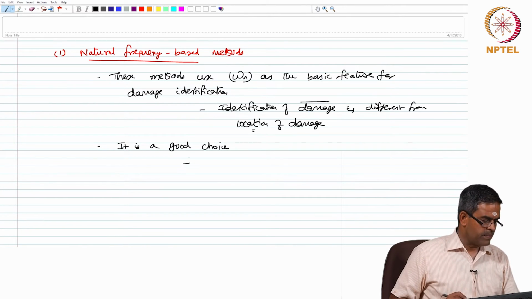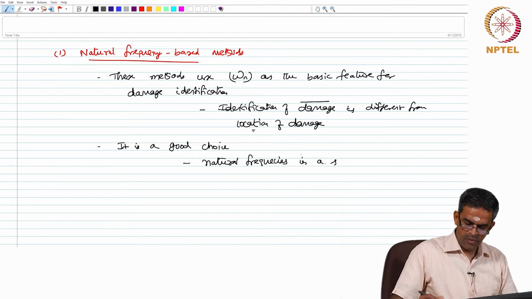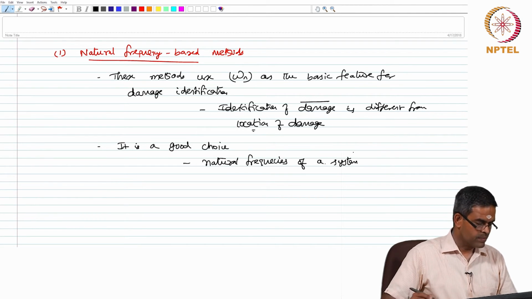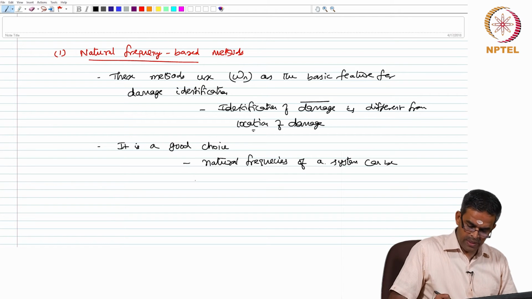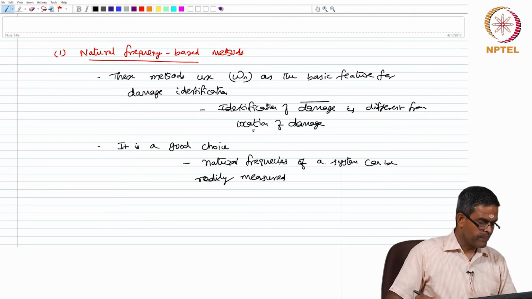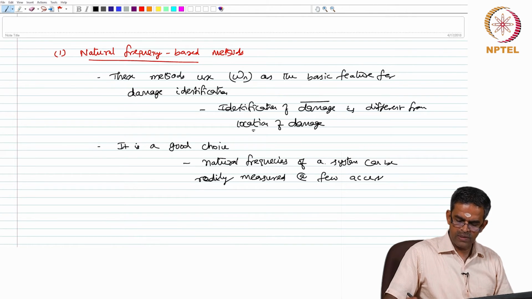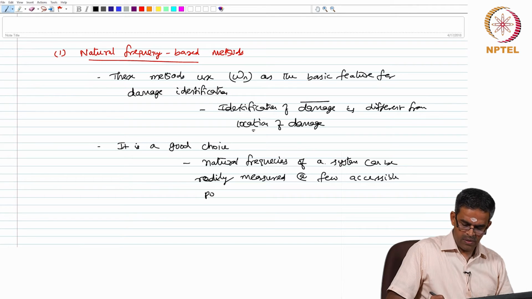For a simple reason, natural frequencies in a structural system can be readily measured at few accessible points on the structure.